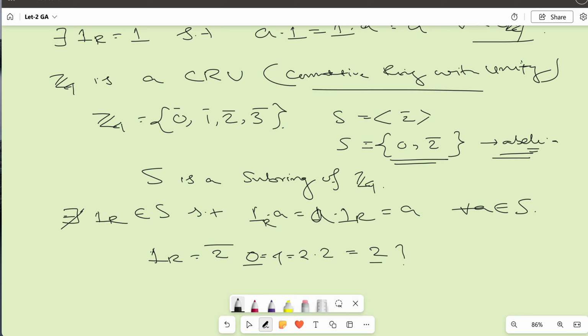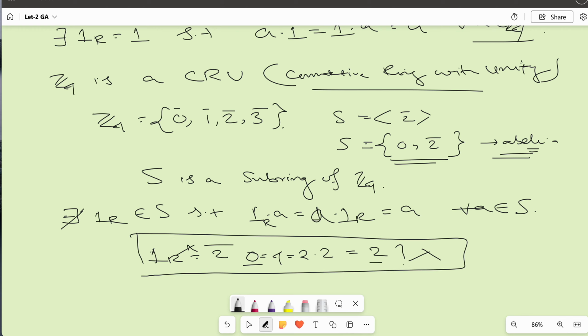So 0 is not equal to 2, so it cannot happen. And obviously 0 cannot be 1r, because if it is multiplied by 0, then it will by default be 0. So my point is, S is a subring of Z4, and Z4 is a CRU, but S has no unit.